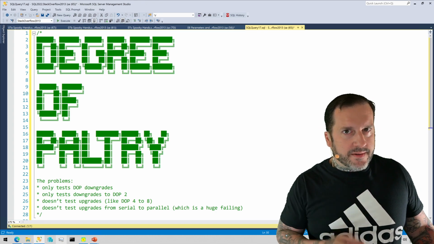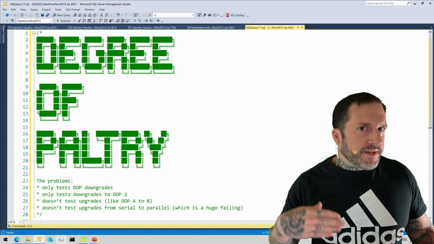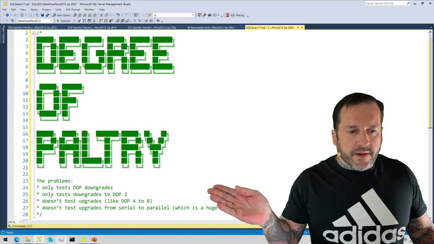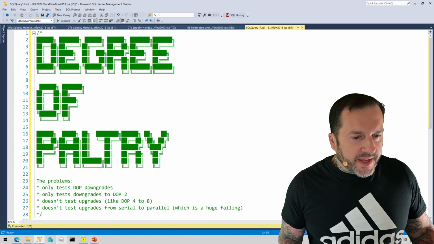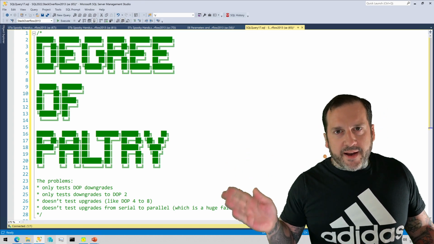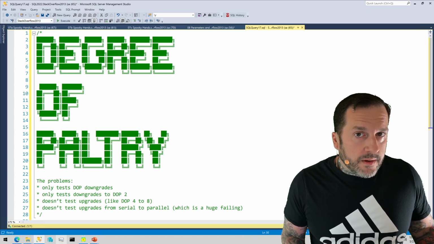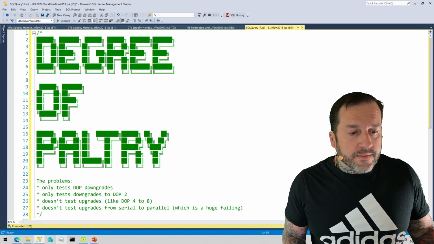That's not very fast. Let's try DOP 4." Okay, now let's just say that the parallelism scaled linearly, and now the whole thing runs in like 2.5 seconds. Well, that was a successful introduction of parallelism to a query.